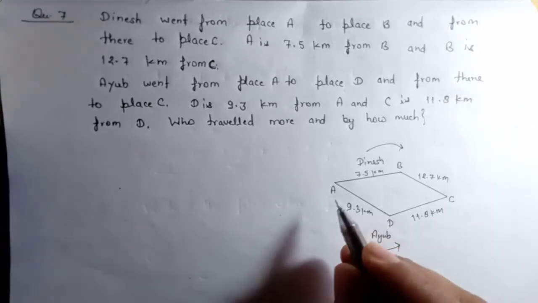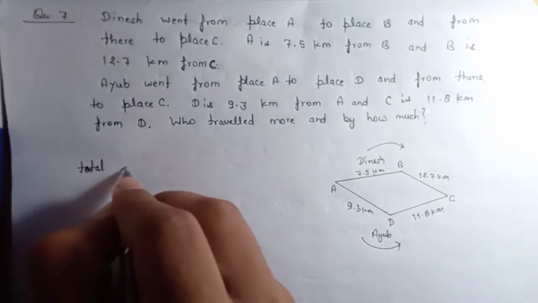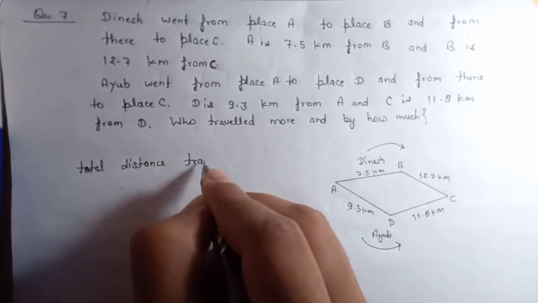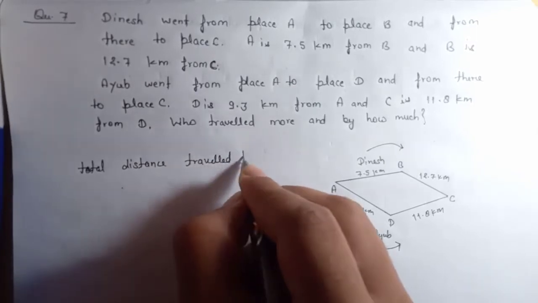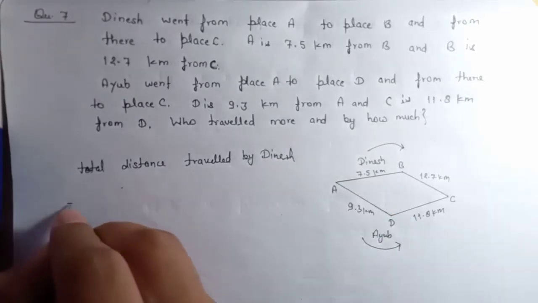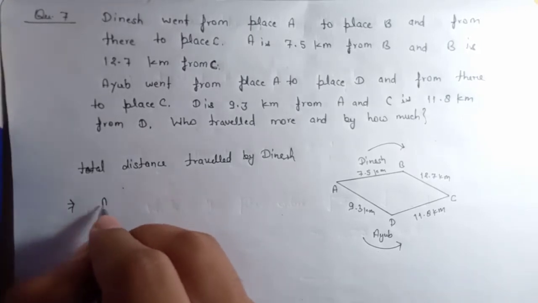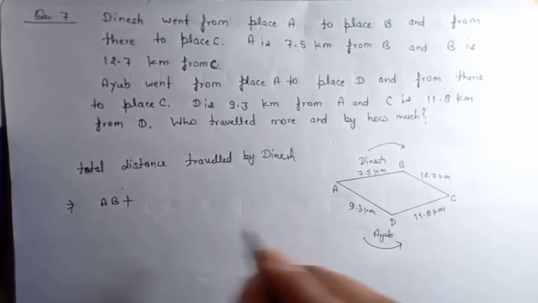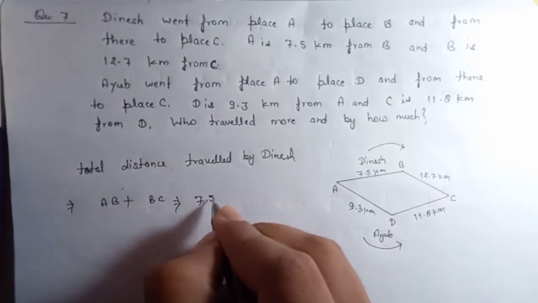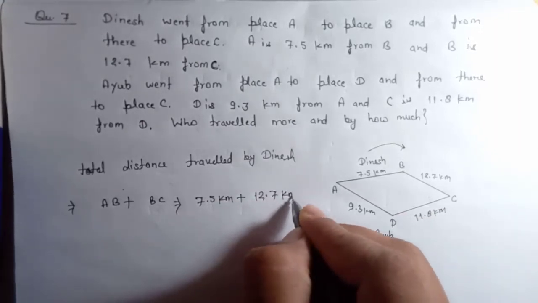So find the total distance travelled by Dinesh. It is equal to A to B plus B to C. A to B is 7.5 km, B to C is 12.7 km.